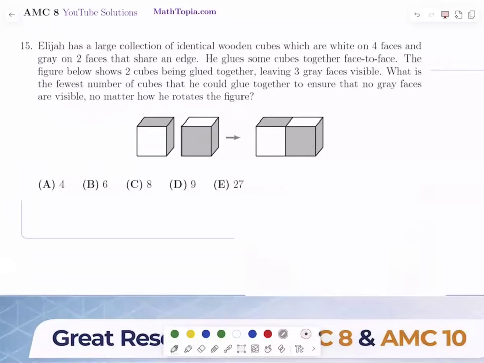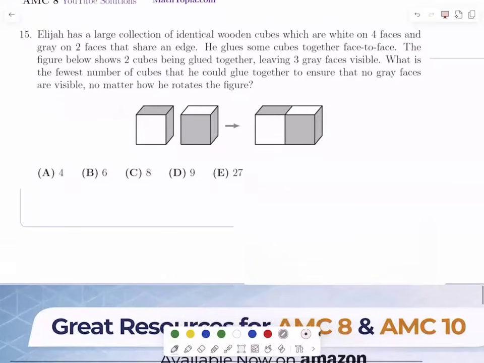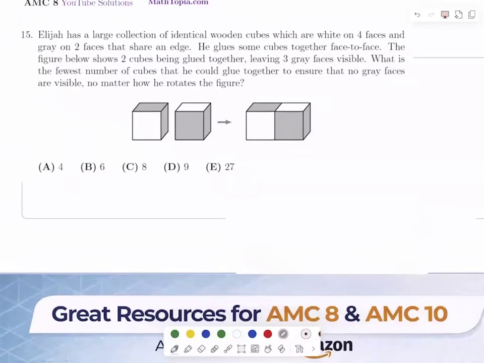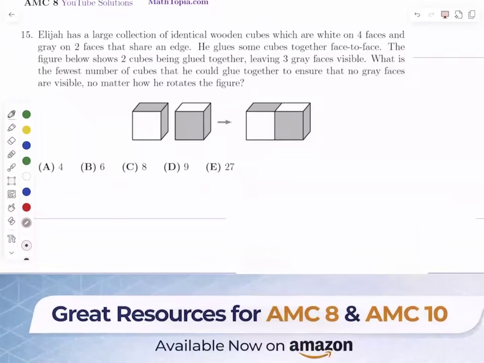So we have cubes that have two faces that are gray and four faces that are white. We want to glue the cubes together and have no gray sides visible. And we're trying to find the least amount of cubes needed to make no gray sides visible.